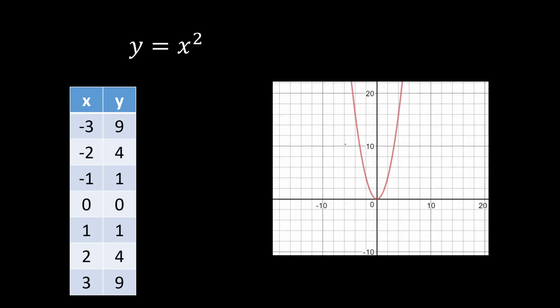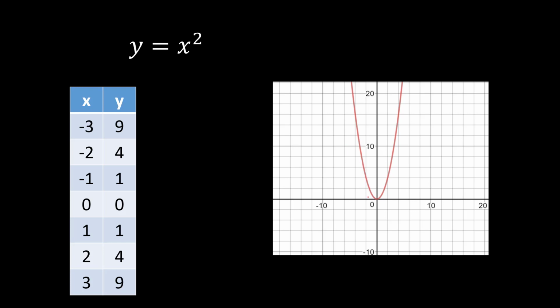And if you were to plot points, let's say you put a -3 in for x, then we have -3 squared, or 9, for y. If we put a -2 in for x, we have -2 squared, or 4, for y. -1 gives you a 1, 0 squared gives you 0, 1 squared is 1, 2 squared is 4, and 3 squared is 9. So if you were to plot each of these points, you would get this graph right here.